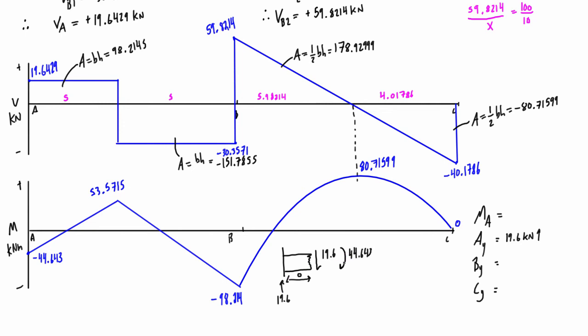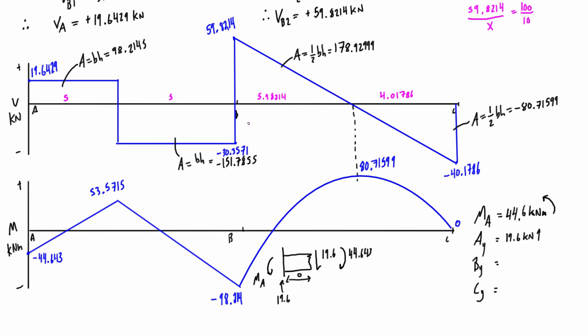So the only moment right at that support is equal and opposite to the internal moment here. So this has to be going like this. This would be MA, and it would be just 44.6 kilonewtons going opposite to the internal moment. So this is 44.6 kilonewton meters, and the reaction moment MA is going counterclockwise.